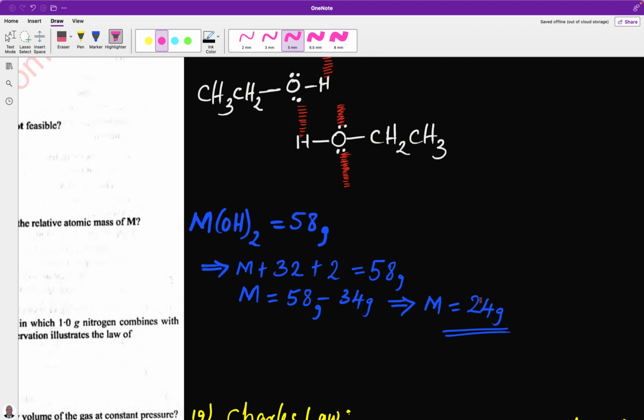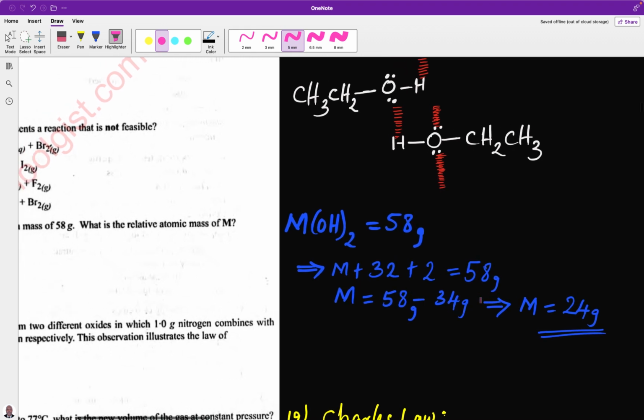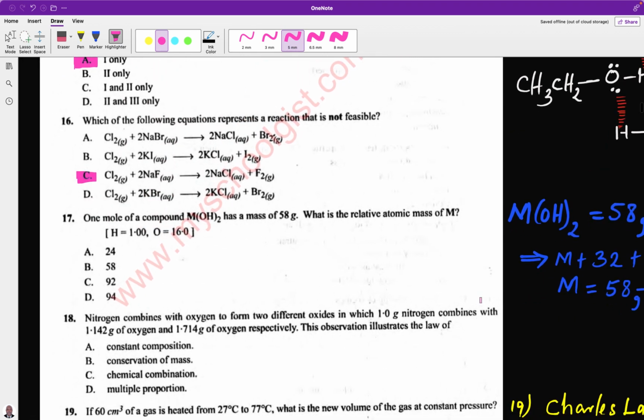The metal will be magnesium. So 24 will be magnesium. So now M is 24. Let's go to our answer column. What is 24 here? 24 for 17. 24 is A. 17 is A.